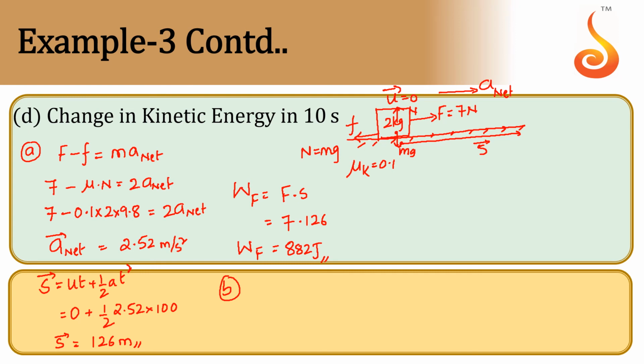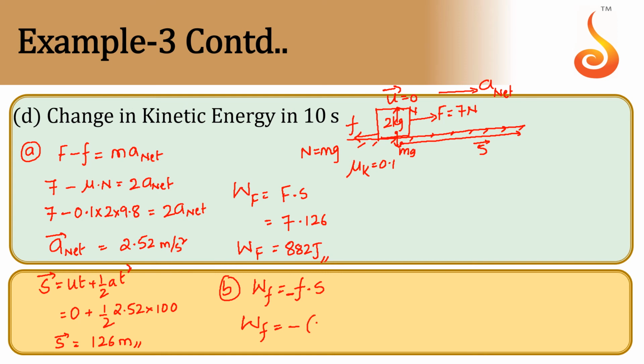Now option B. What is the work done by the frictional force in 10 seconds? Again, work done by the friction is equal to friction times displacement. Friction is acting in the backward direction and displacement is in the forward direction, so work done will be negative. So let us calculate friction here. Work done by the friction is equal to minus of friction, which is mu into mg.